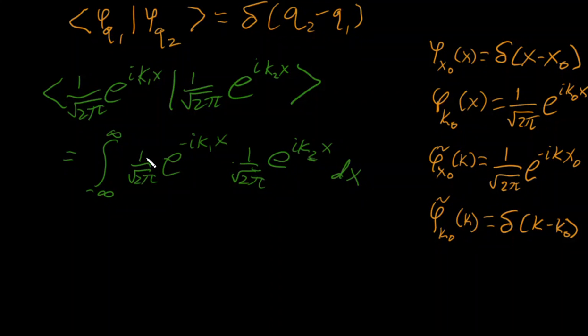And now we can do some algebra. 1 over root 2 pi times 1 over root 2 pi is just 1 over 2 pi, and that can come out of the integral.